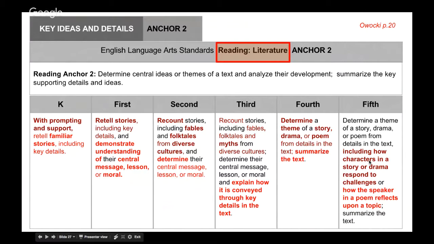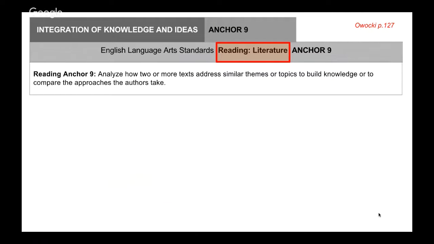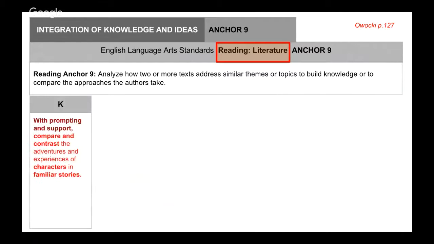5th grade is the same as 4th, except it adds a deeper look at the character and the challenges or the speaker of a poem. So when you compare that to Anchor 9, we're still talking about these themes, but now it's across multiple texts.